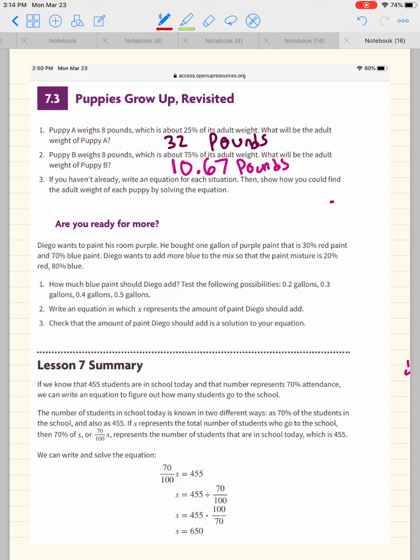Well, we know that 8 pounds is 25% of the adult weight. I'm going to put equals 8 here. And I'm going to go ahead and put 25 over 100 times x. And x was the 32 pounds that we solved for.